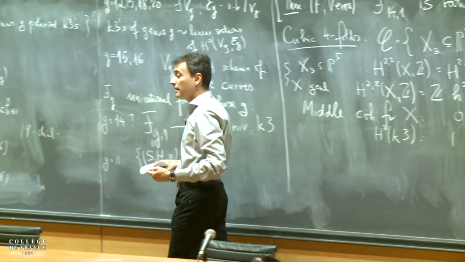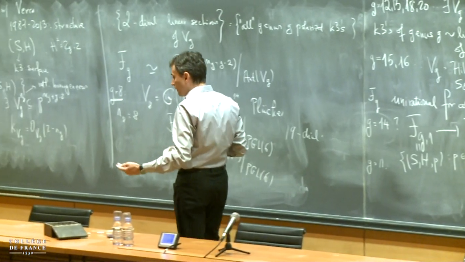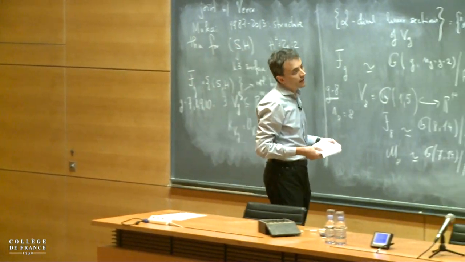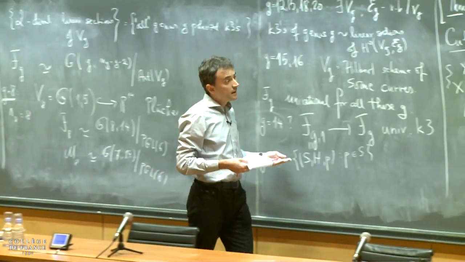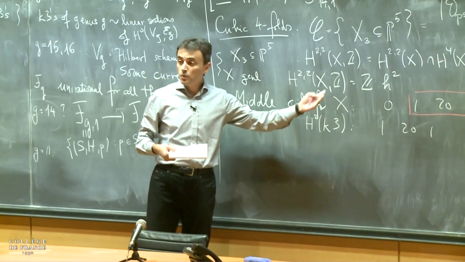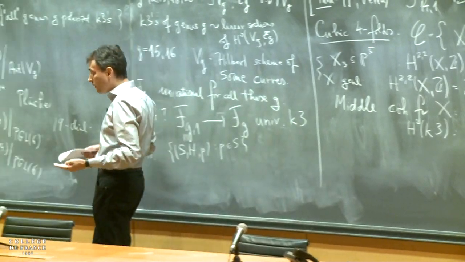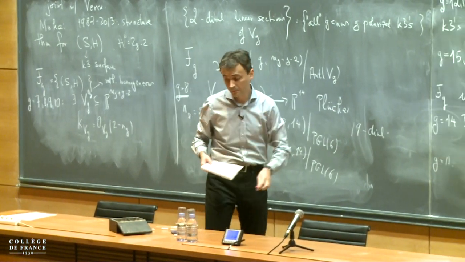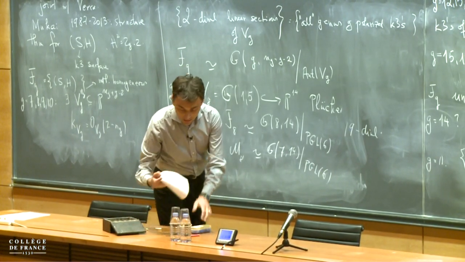So that's why, in this attempt of identifying cubic fourfolds Hodge theoretically with K3 surfaces, you must pass to Noether-Lefschetz special cubic fourfolds, which is a countable union of divisors in the moduli space.